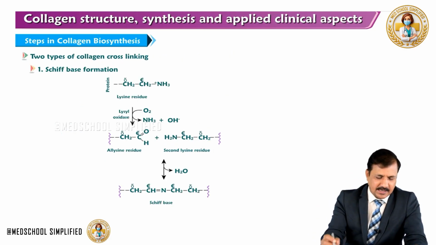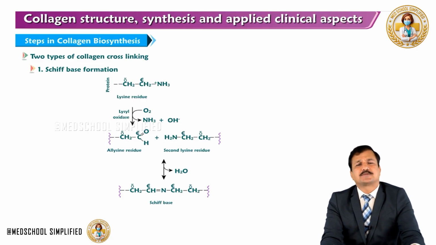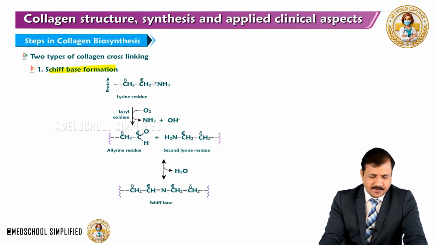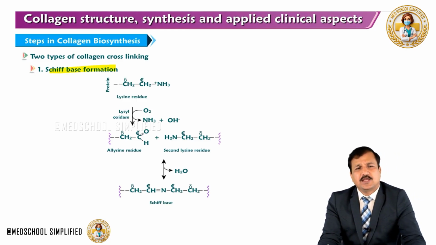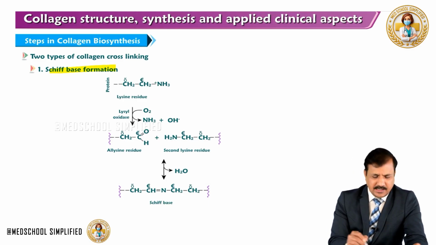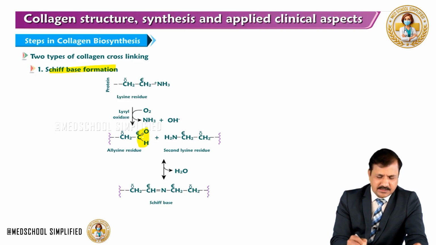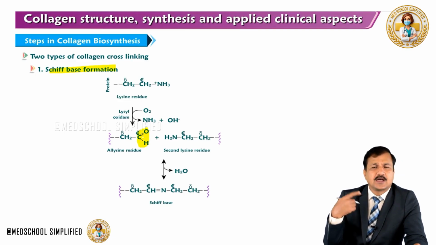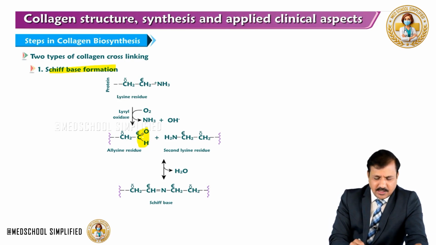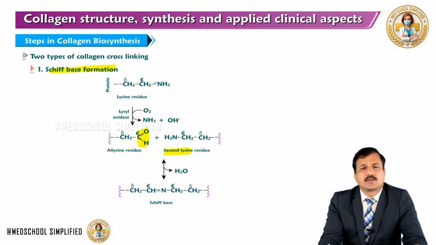So what happens with the allysine? There can be two types of collagen cross-linking formation. One is Schiff base formation, where in one of the alpha chains the lysine residue undergoes oxidation by lysyl oxidase, making allysine, which has that aldehyde group, and the other alpha chain in that tropocollagen molecule has unmodified lysine.